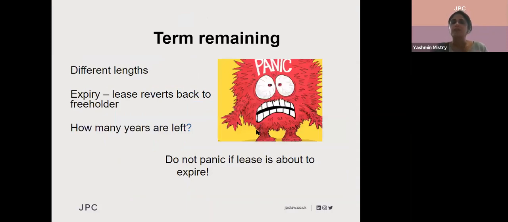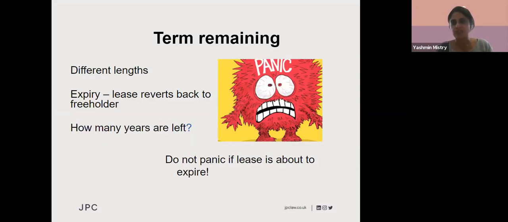Term of lease. Lots of leases have different terms. The usual ones that we normally see are 99 years, 999 years, 125 years. I've seen some for 135 years. I don't know whether that was just a typo, and it was meant to be 125 years.